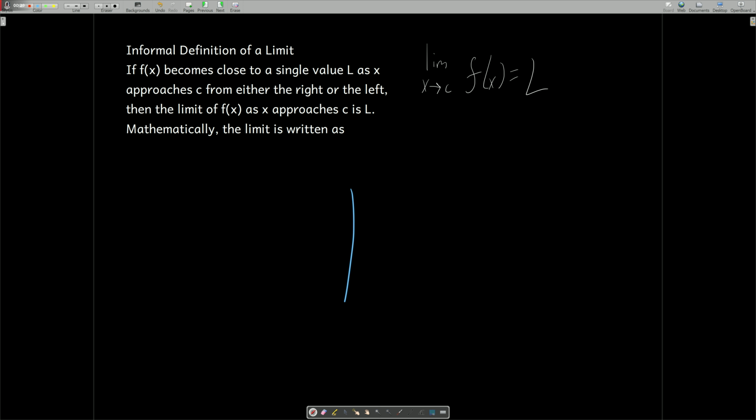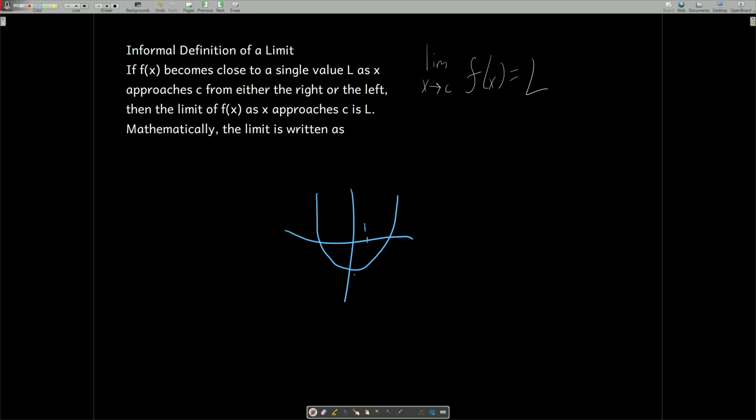And so basically what that means is, let's say I have my graph here, and I have the x value of, let's say, 1. Now to find the limit of this function f of x as x approaches 1, I would look to the left and to the right of 1 and see where my function is approaching.